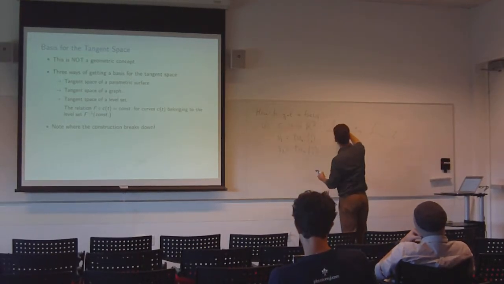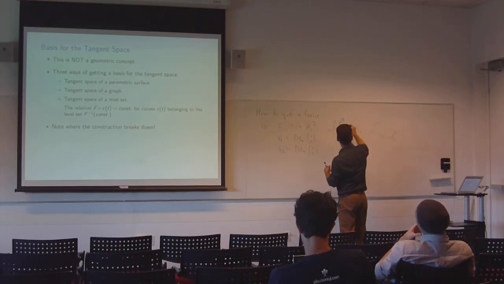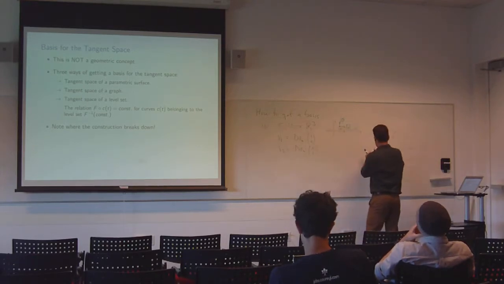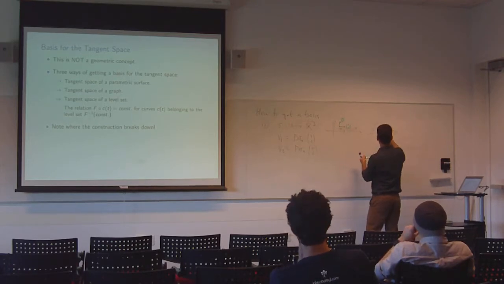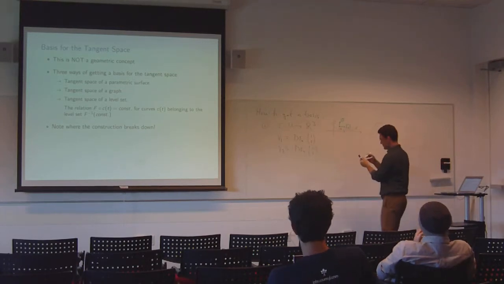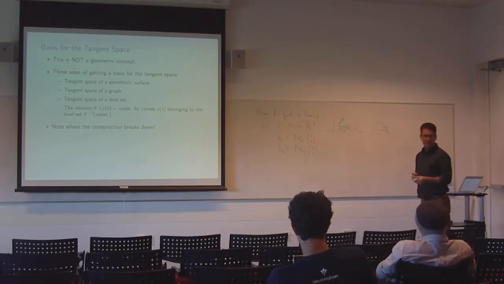So if we're over at U here, that's really just taking this vector, this is (0, 1), and this vector here is (1, 0). And really, it's just pushing them forward to the surface, giving V1 and V2.